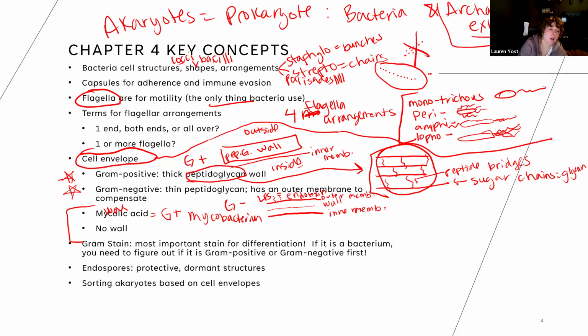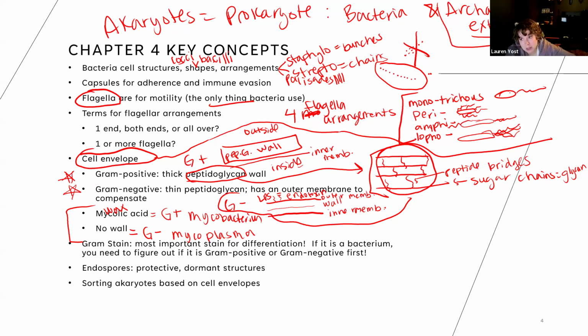All right. The ones that don't have a cell wall are a type of gram-negative. They're like our gram-negatives here, but they just don't have any wall at all, just the two membranes. Our gram-negative ones that don't have a wall are called mycoplasmas. Focus on the plasma, like I said in class. Plasma, like a cup of plasma, if you spill it, it doesn't hold its shape.